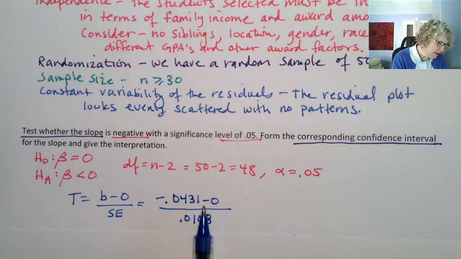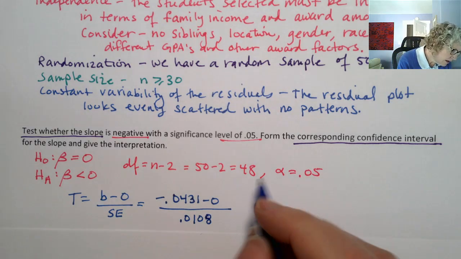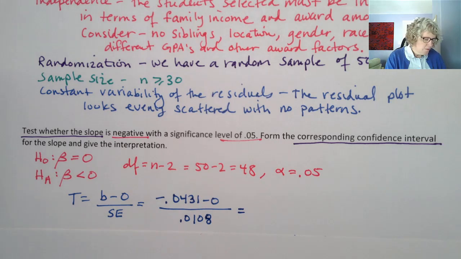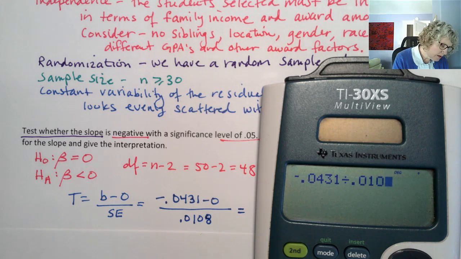Go back to the notes here. Okay, so that's the b. You don't have to write the minus 0. I'm just writing it to show you this time. And then if we divide that, we get our test statistic. So I'm going to put negative 0.0431 divided by 0.0108.